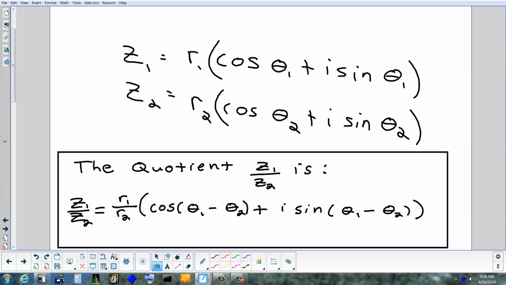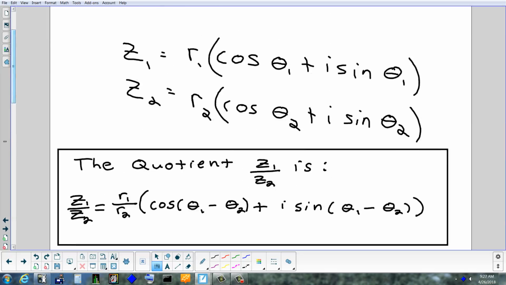So to divide, these two steps are going to take the place of finding a conjugate, foiling, changing I squareds to -1, combining like terms, and separating it into two parts. All you have to do is divide radii, subtract angles, and you're done.